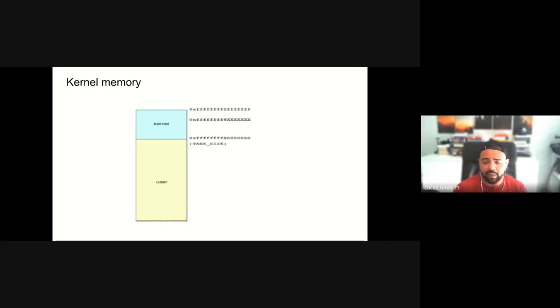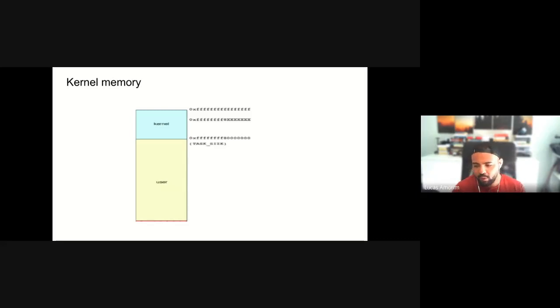In this slide, we can see that we have some space allocated to the kernel in the higher addresses, and we also have the user space applications running in user land in the lower addresses, right? And the whole idea is the kernel should never directly access user space, and user space should never access kernel space unless it's using a system call, right?